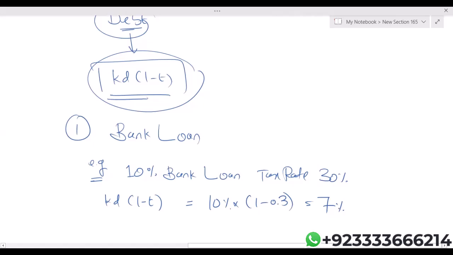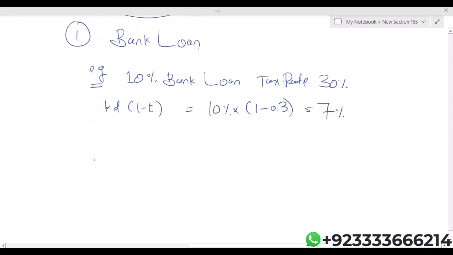There's no buying or selling of this bank loan. Whatever loan your company has taken from the bank, it is just in your books. So basically, it does not have a market value. That is why we assume that book value of bank loan is equal to the market value.